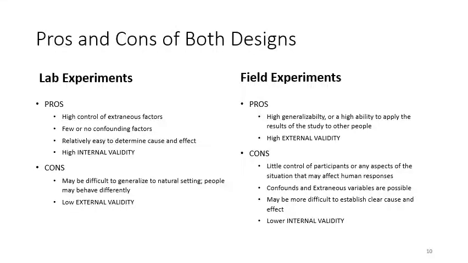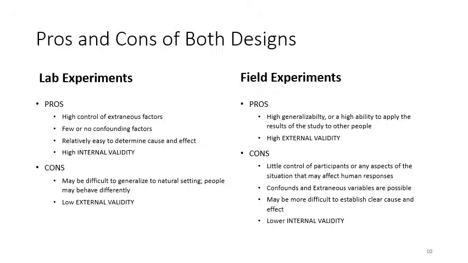Field experiments, on the other hand, are really generalizable. I mean, they took place in the natural setting, and so we really do see how this would be likely to occur in that same natural setting again. So we say it has high external validity. But the researcher can't control very much about the situation or anything that might affect human responses.